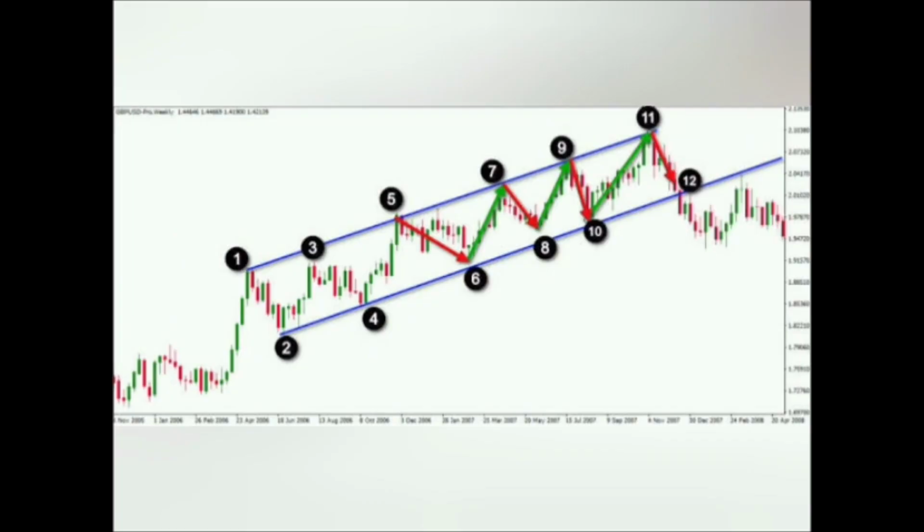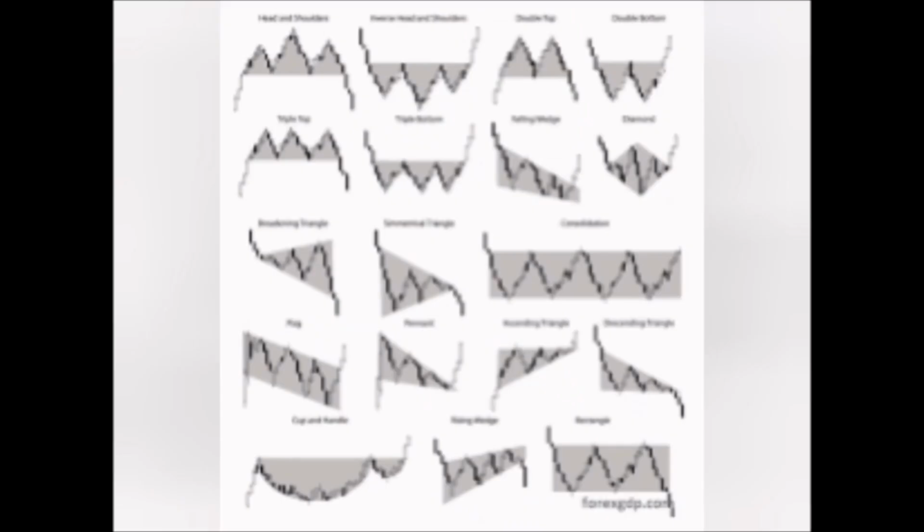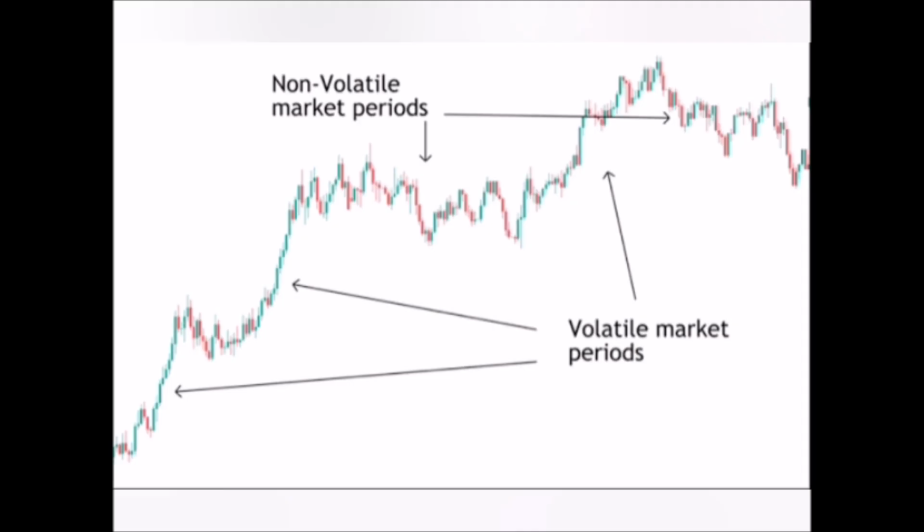Now let's talk about the inverse head and shoulders. This is the bullish version, and it indicates a reversal from a downtrend to an uptrend. The structure in this case is three troughs, that is valleys, instead of peaks.